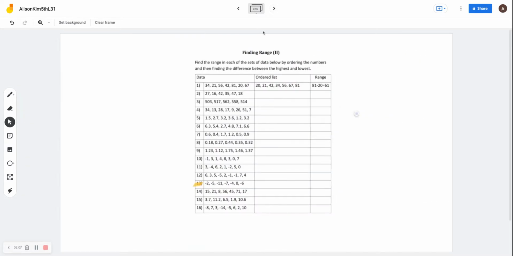So number 13 gives us -2, -5, -11, -7, -4, 0, and -6. So the different thing here is that it gives us negative numbers, right? The one thing about negative numbers is that the bigger the number, the smaller its value.